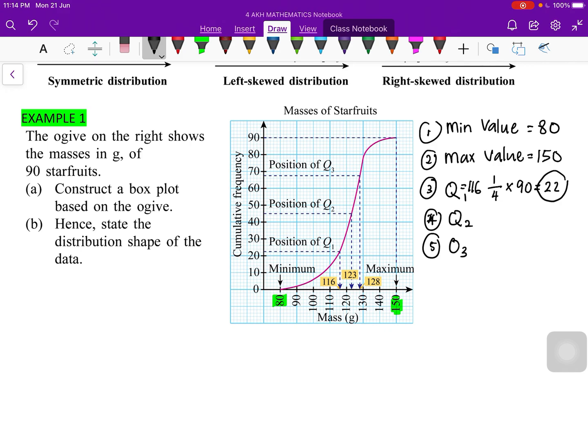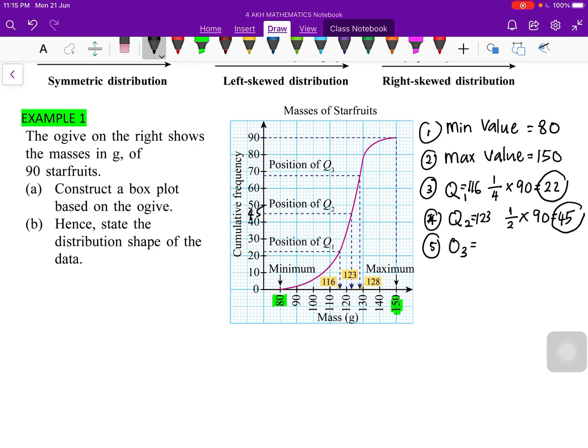So median should be 1/2 times 90. So which will give you 45. Okay, 45. So kita ambil, kita punya kat sini 45. So the value of median should be 123.